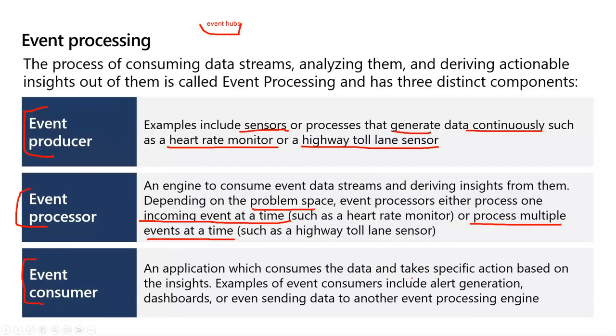And therefore, you're going to be able to take some specific action, because you're going to get the insights from those events, or even send those data to another event processing engine. So these are the three components of data streaming. Something has to produce the data, then you're going to process those data, and then you're going to consume those data.